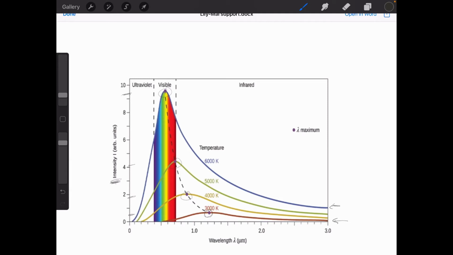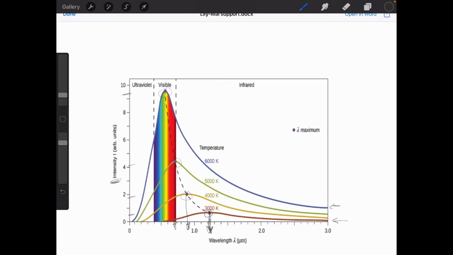The other question I asked you was how the peak wavelength related to the temperature. So the peak wavelength, the point here, is showing the peak wavelength. As the temperature goes up, the peak wavelength has dropped down to here.